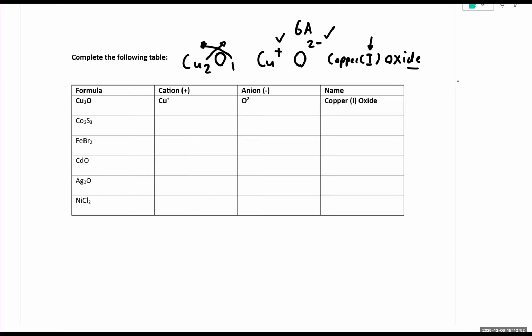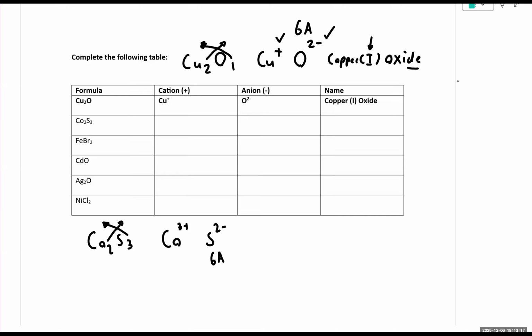Let's do another example. Co2S3. So we take our subscript, we cross it into the corresponding atom's charge. That gives us cobalt 3+ and sulfur 2-. A 6A element does have a predicted charge of 2-, so we're good to go.